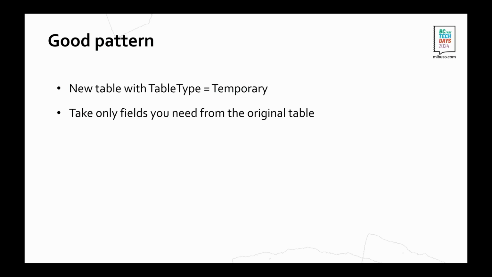Actually, a good pattern for using a temporary record could be what we used to name as buffer table, posting buffer. You start collecting something, oh, there's something I need to post, put it into the posting buffer of type temporary.